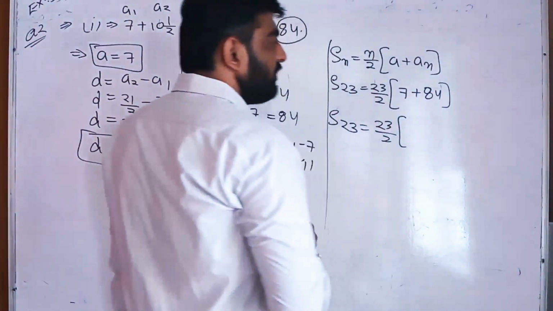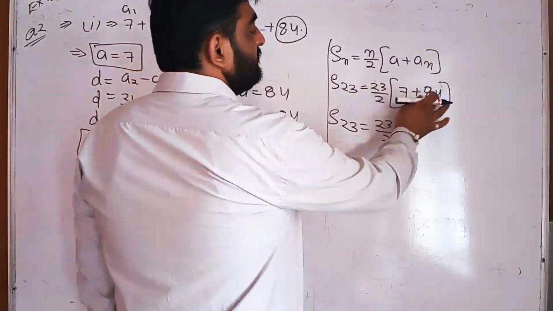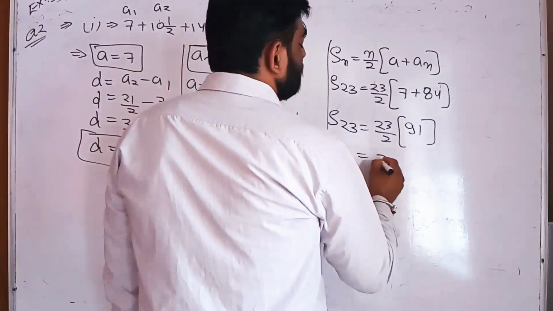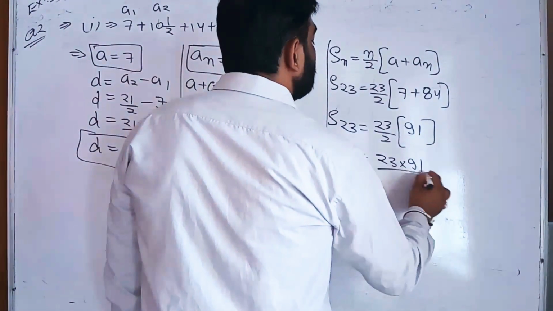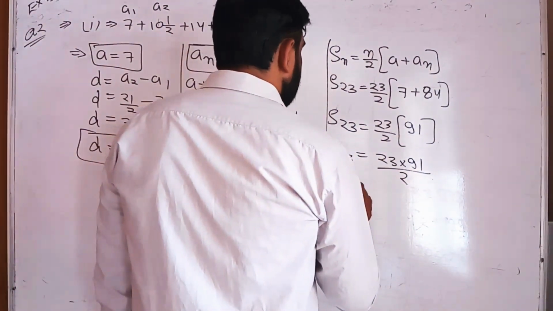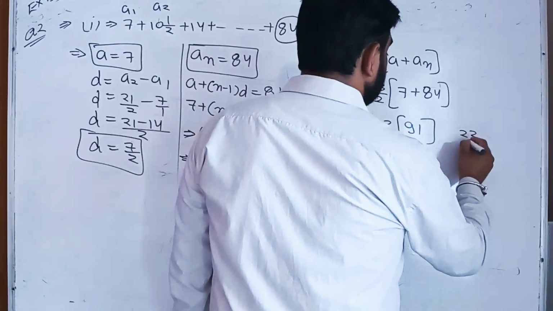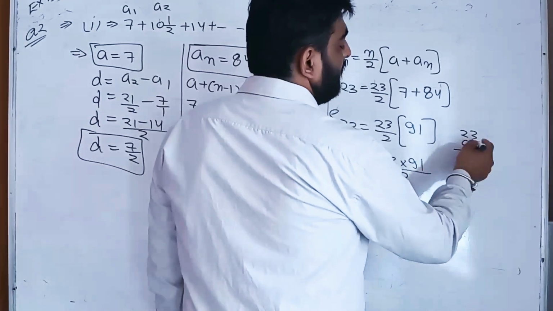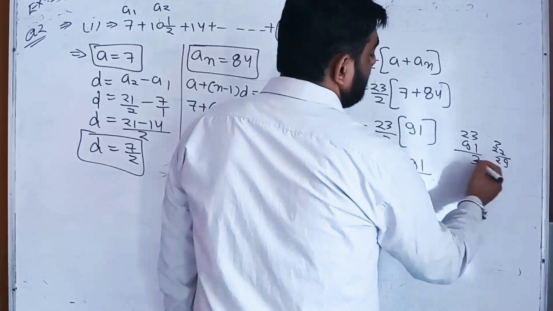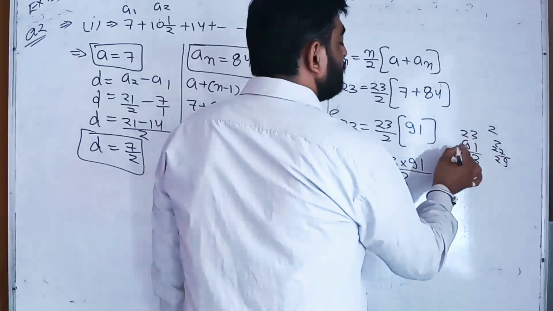If we solve it, 7 plus 84 is 91, so 23 into 91 upon 2. Simplifying, 23 times 91 gives 2093.